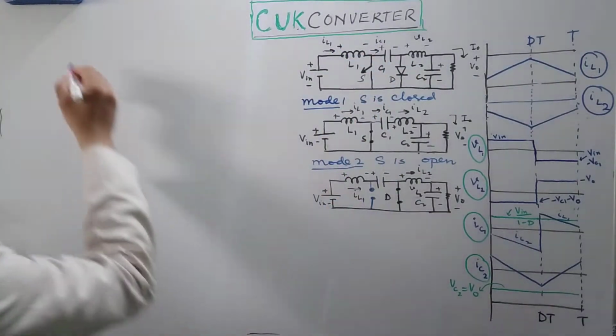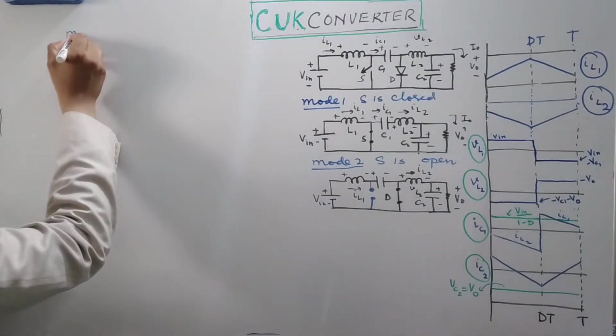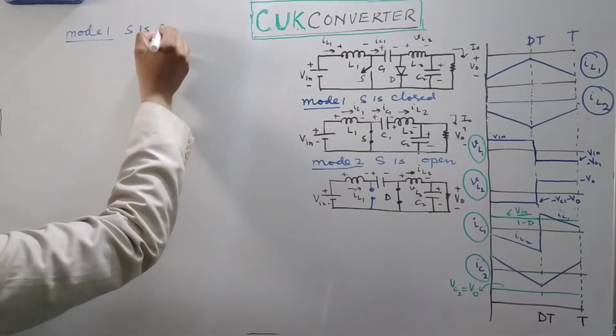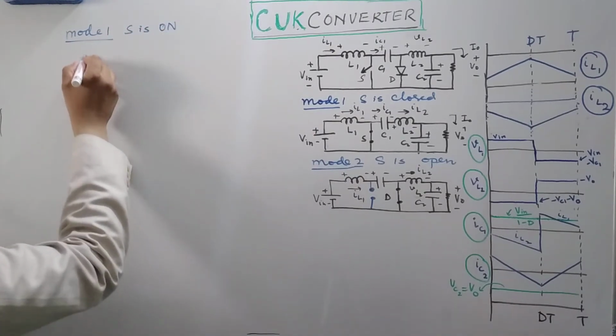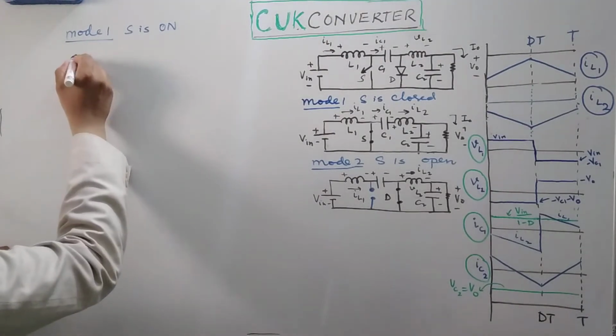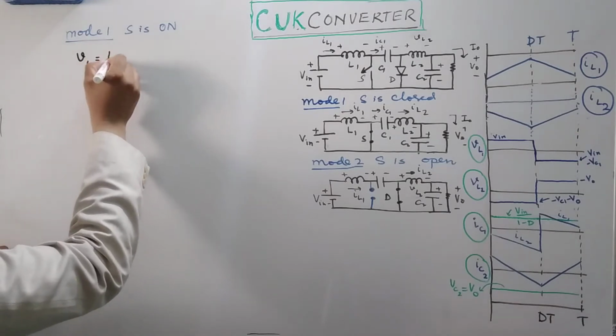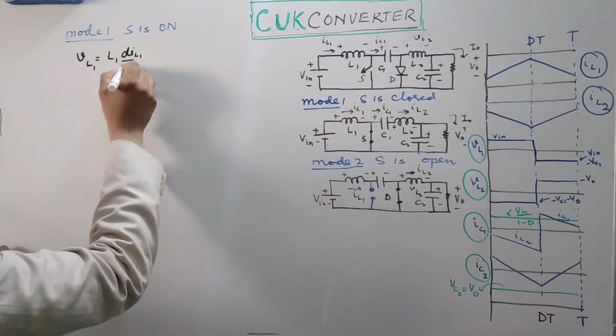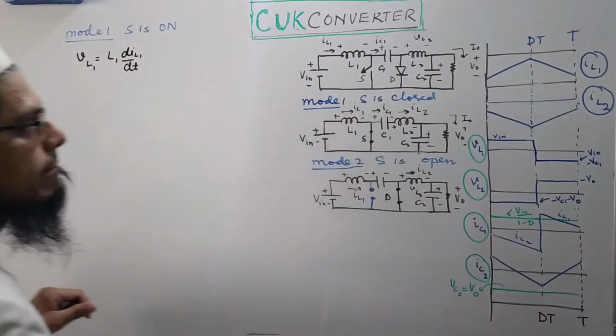In mode 1, when S is on, the voltage that will appear across the inductor L1, VL1, will be given by L1 times dIL1 by dt.